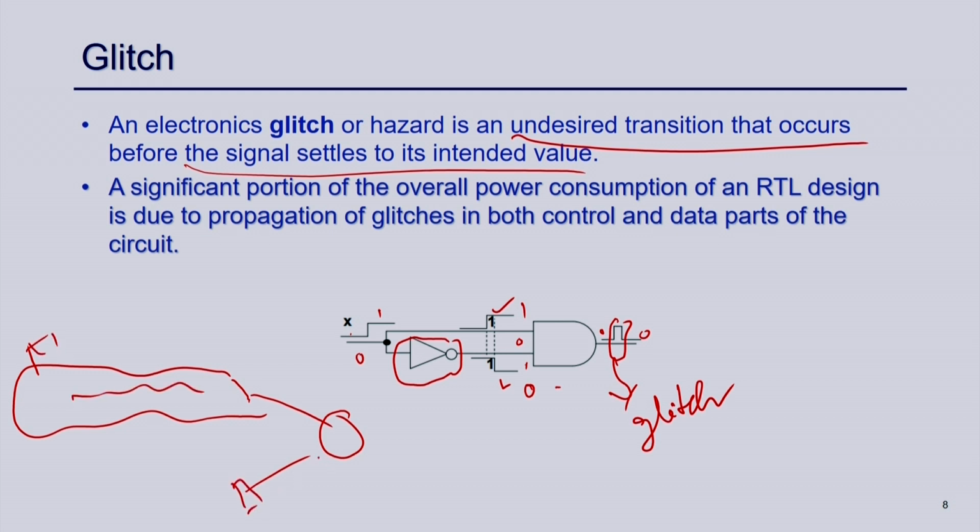Then it is not expected that both signals will arrive simultaneously at the inputs. So, there may be a mismatch in the combinational delay of the inputs. Because of that, this kind of spurious transition will happen at the output, and that is what is called a glitch, right. And as I mentioned earlier also, power consumption depends on this kind of toggling.